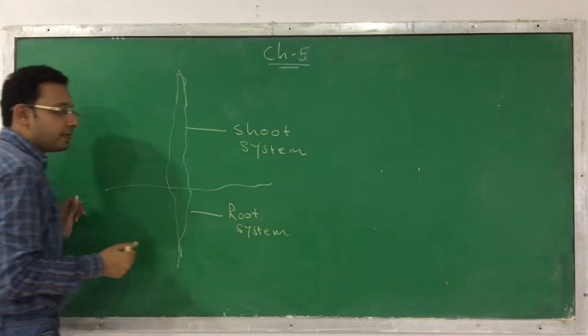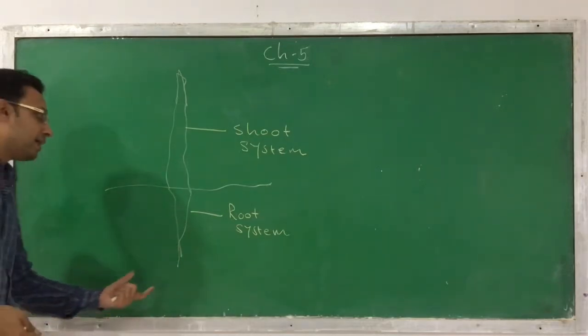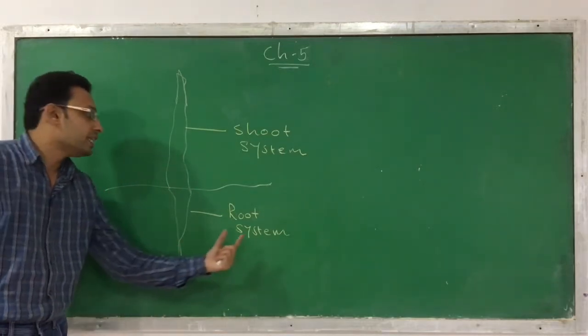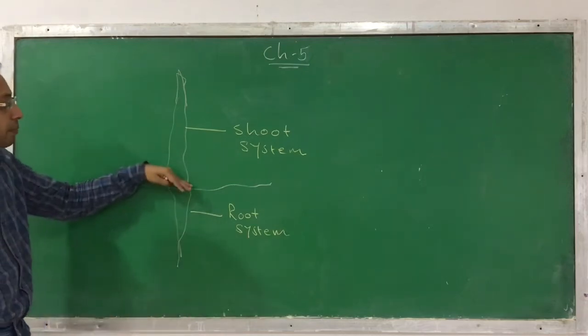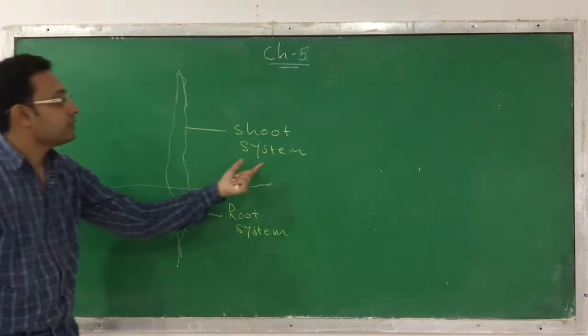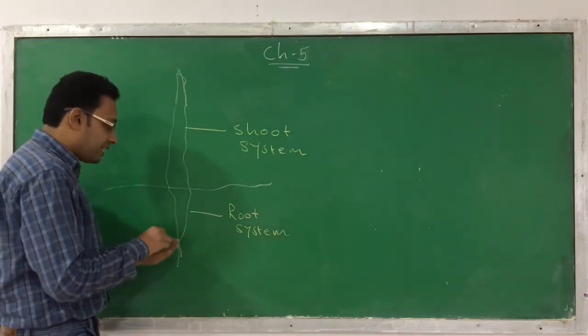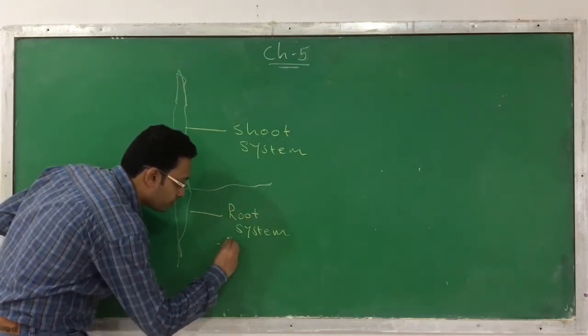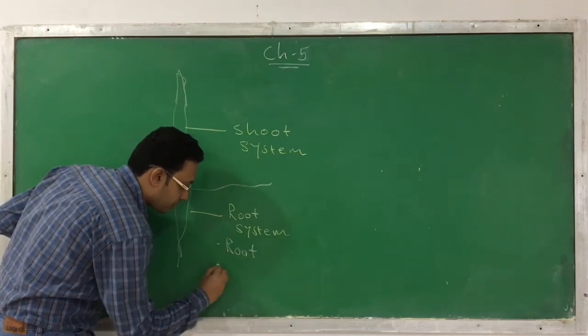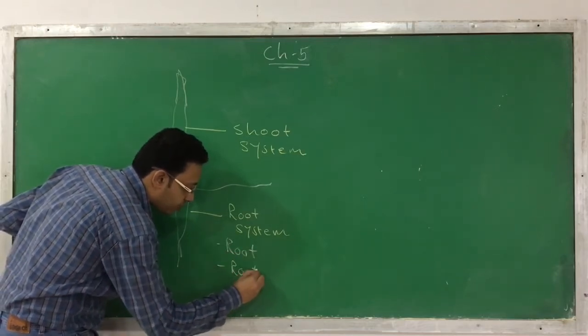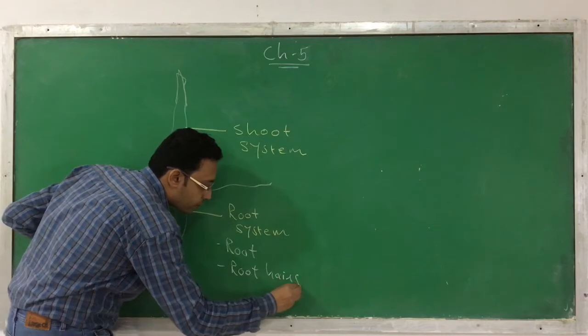I again repeat, the part of a flowering plant which is present below the ground is called the root system, and the part which is present above the ground is called the shoot system. Now, what does this root system include? It includes primary roots, secondary roots, and root hairs.